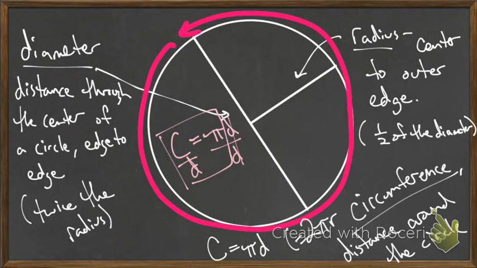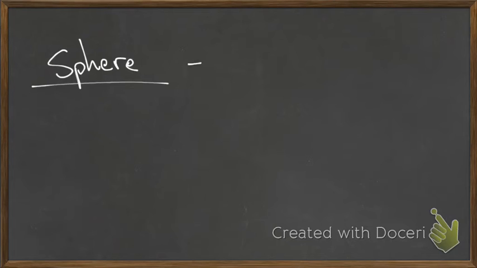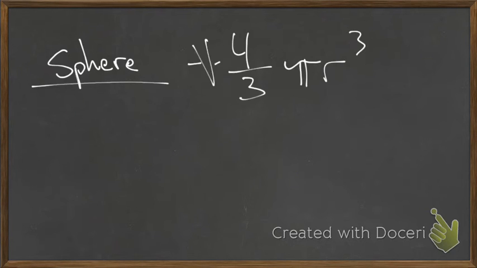So I need to show you one more equation. And this last equation is for a sphere. And this one we just got to memorize. What's really cool is, what's the only piece of information we need to get the volume of a sphere?